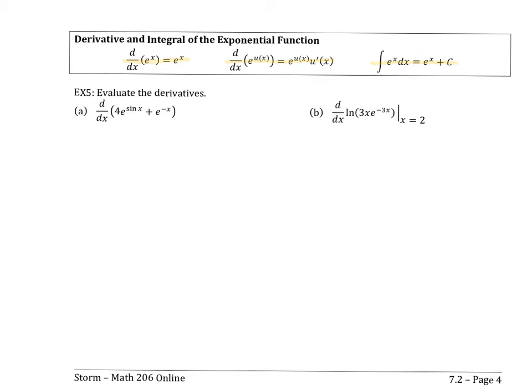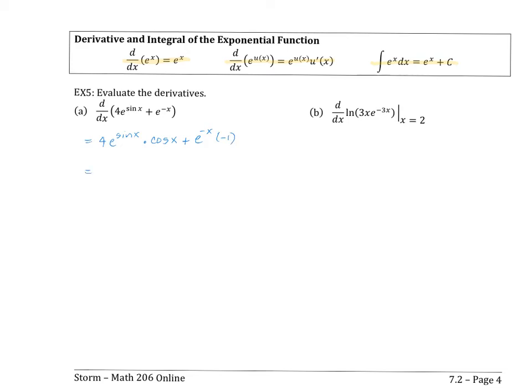If we take the derivative of 4 times e to the sine of x plus e to the negative x, that derivative is equal to 4 e stays the same times the derivative of the exponent, which is cosine of x, plus e stays the same times the derivative of the exponent, which is -1.